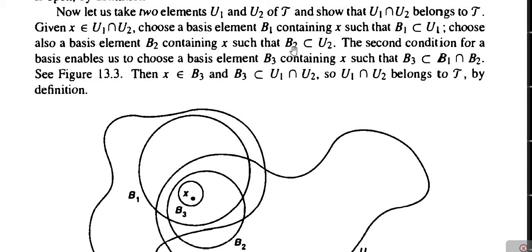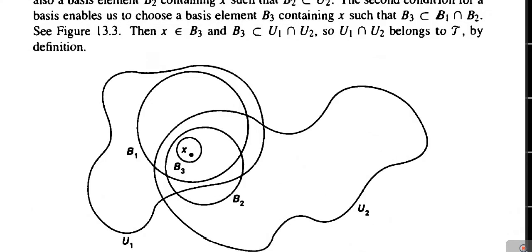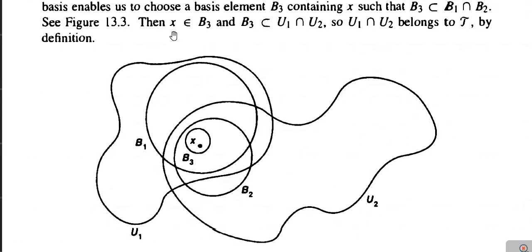Such B1 and B2 exist by the definition of basis for a topology. Then by the second condition for a basis, there exists B3 which contains x such that B3 is contained in B1 intersection B2. Therefore, there exists B3 which contains x and is contained in U1 intersection U2. Therefore, U1 intersection U2 also belongs to tau, which means that the intersection of a finite number of members of tau is again in tau, and therefore tau is a topology on X.